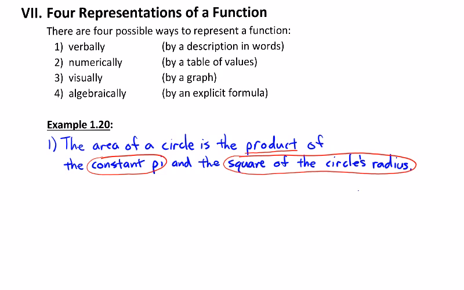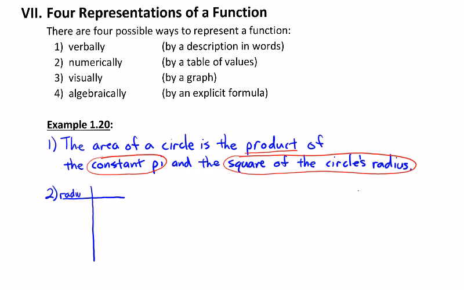The second representation, the numerical representation, is going to have me take this verbal description and start playing with the radius. Start picking different radius values and then actually calculating the area. So my table is going to be, again, a t-chart like we've seen before.